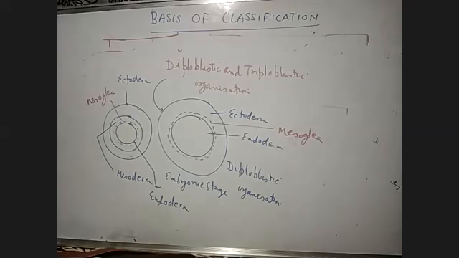That's why the basis of classification is very important. Once you do not understand the basis of classification, you cannot write the classification. You cannot even write the characters of the animals. So students, I request you to understand the basis of classification.